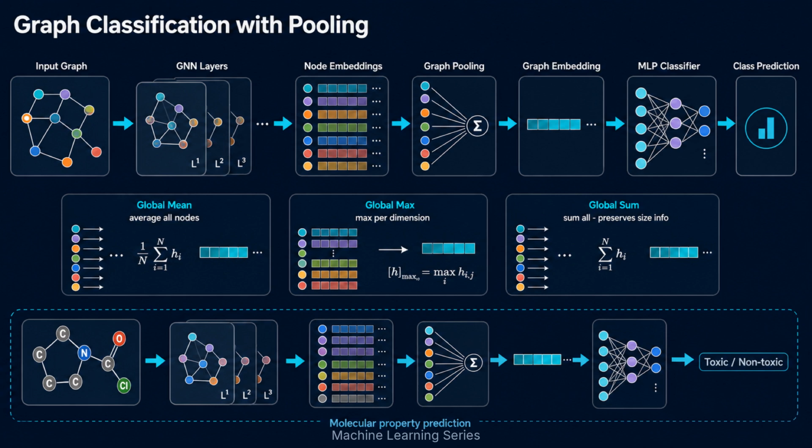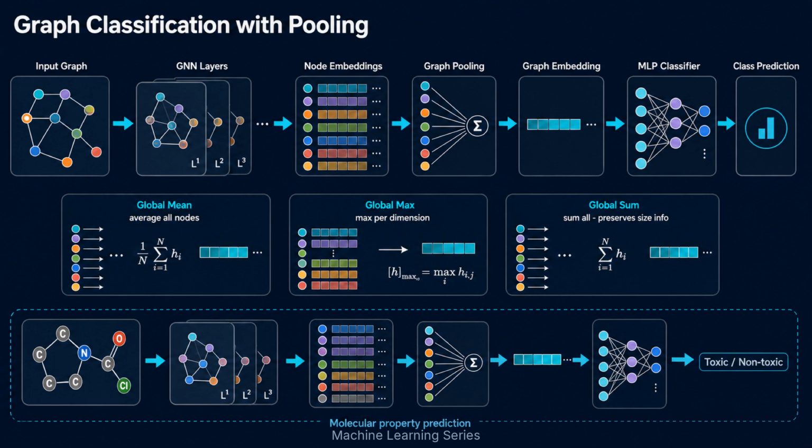Sum pooling is often preferred because it preserves information about graph size. A molecule with 10 atoms summing to vector x is different from one with 100 atoms summing to the same x after pooling. We apply an MLP classifier for the final prediction. This pipeline enables applications like molecular property prediction, where we classify molecules as toxic or non-toxic, active or inactive for a drug target.